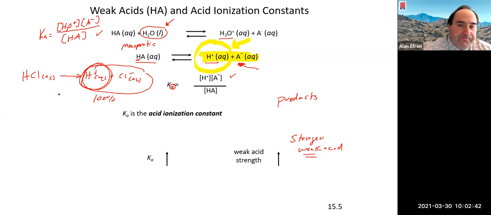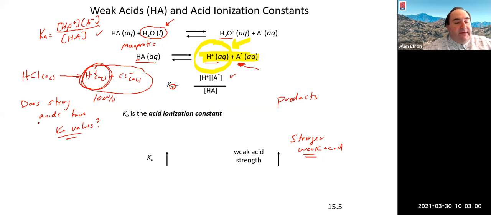So, do strong acids have Ka values? Think about that for a second. Would you expect a strong acid to actually have a Ka value?